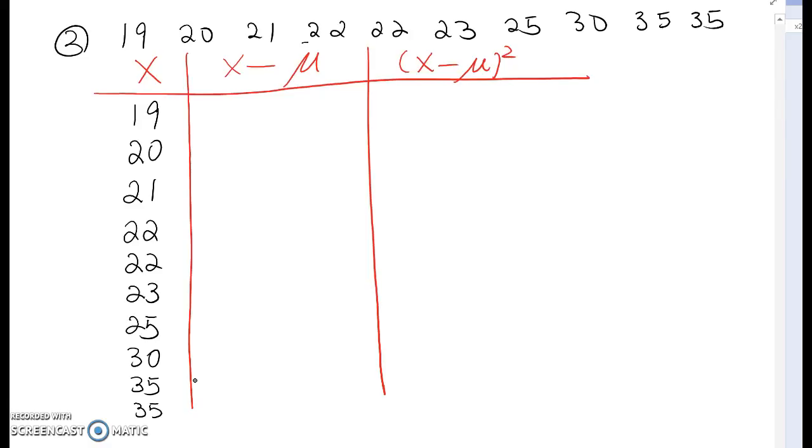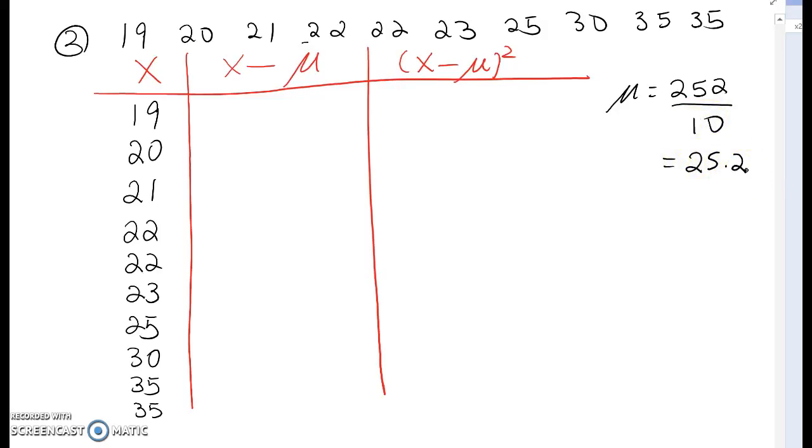Okay, now we need to find the mean value. You know how to find the mean value. If you add all the data, it comes out to 252. So mu equals 252 over 10. Therefore, this becomes 25.2.